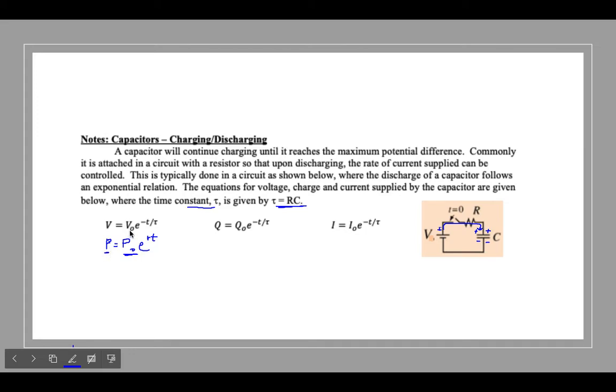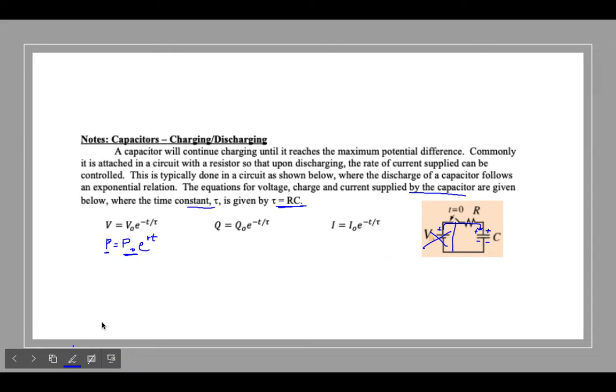So these equations come from the fact that once you charge the capacitor, and charging is a little bit different, these are equations supplied by the capacitor. Once it's charged to whatever voltage, as we talked about in the other video, you disconnect this, and then you can close this off and let the capacitor discharge.